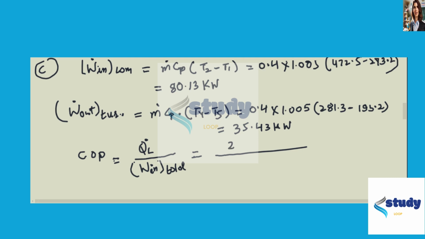Load of refrigeration is 21.36 kilowatt per second. Net work done will be work done by compressor minus work done by turbine. So that is 80.13 minus 35.43. So on solving it, it is to be 0.478.